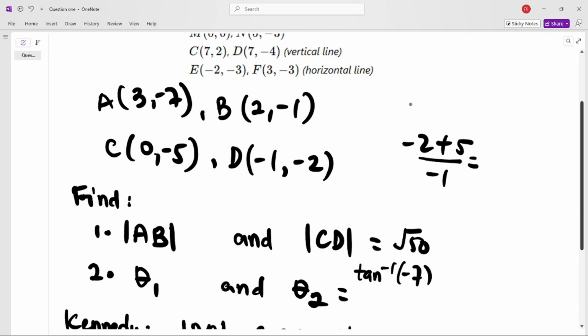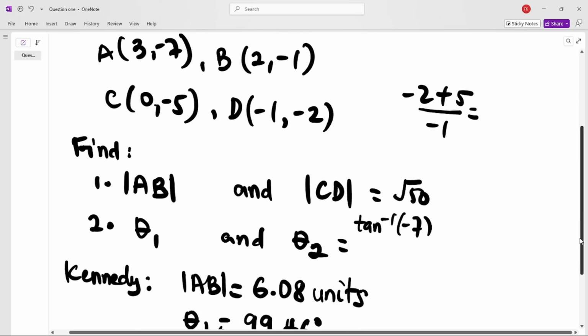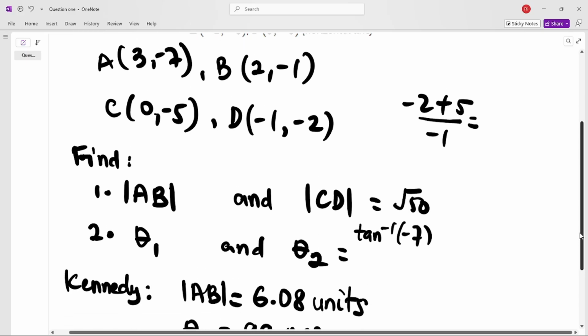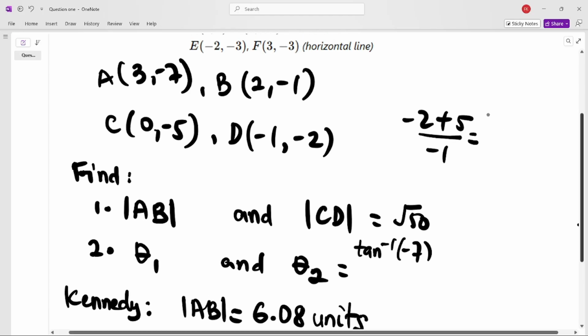So delta y is negative 2 minus 5, which is, so I'm coming. Yeah, take your time. Yes, sir. Which is 5. So I think it's negative 5 though. Negative 5. Check. So I'm coming. Give me the formula you are using.